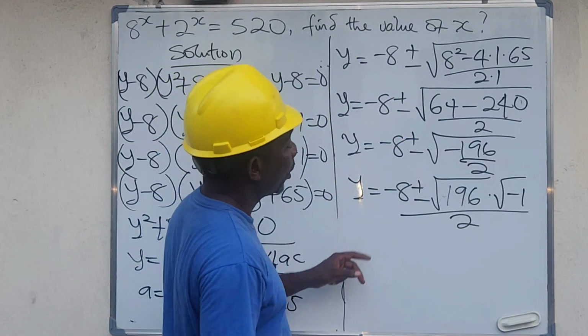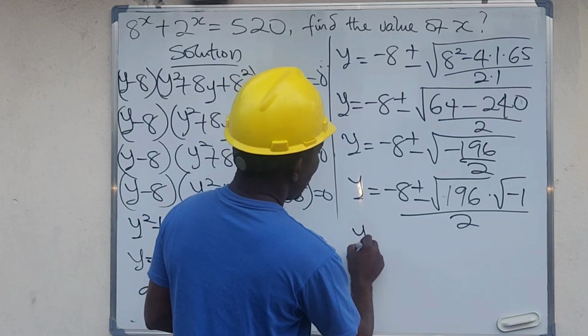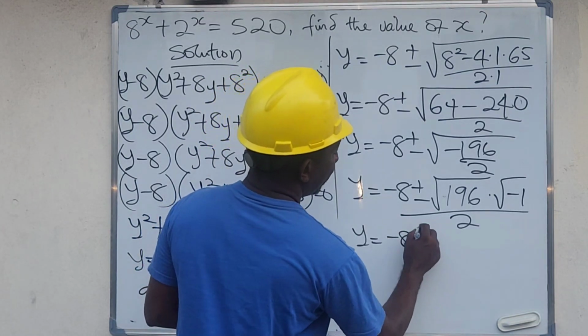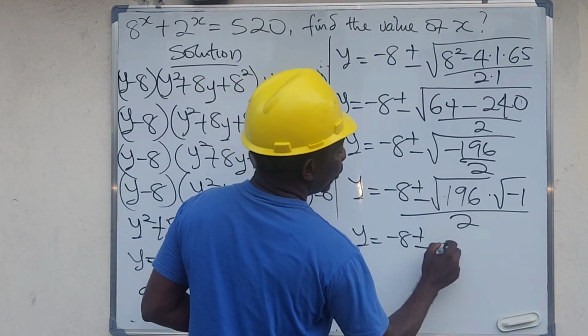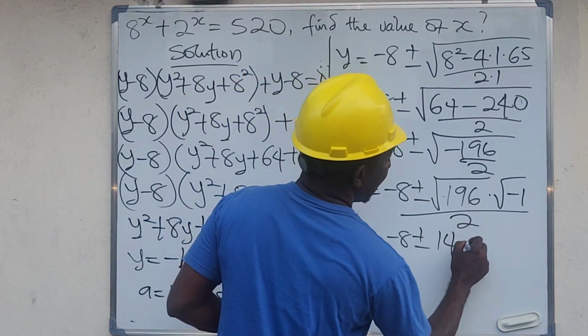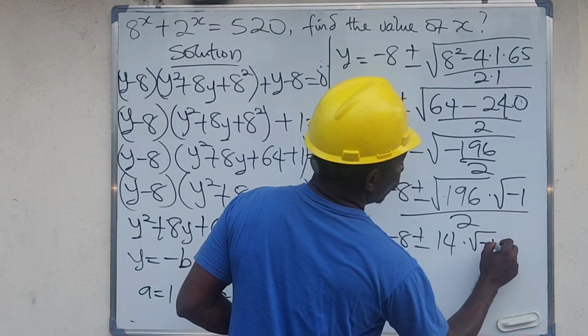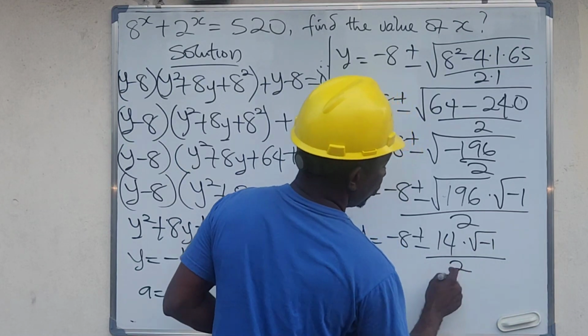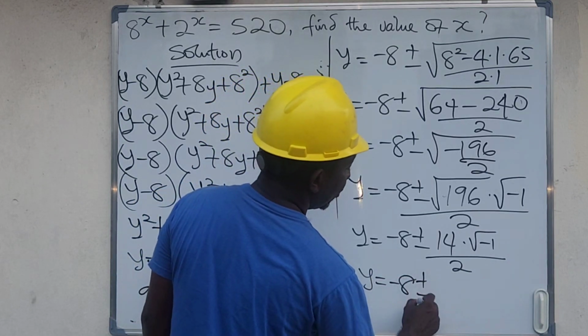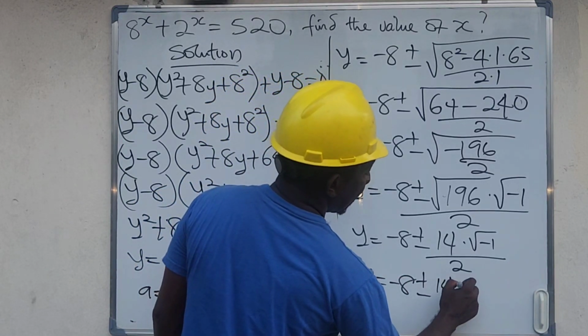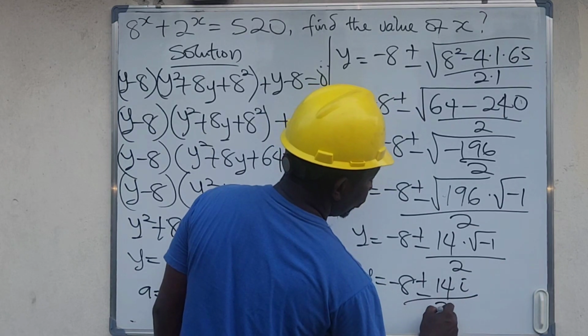The square root of 196 is 14, so we have 14 times the square root of minus 1, all over 2. So here we have y equals minus 8 plus or minus 14i, all over 2.